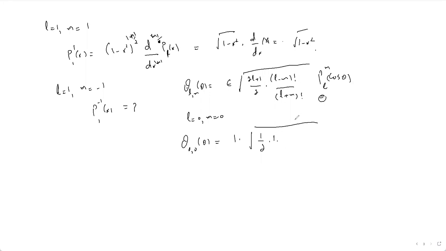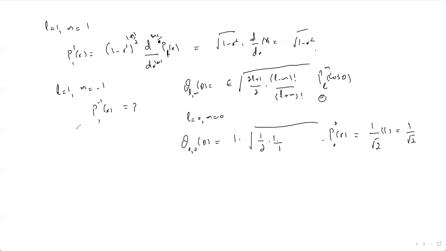Then outside the bracket we have P00 of x, which we found is equal to 1. So it will be simply 1 by under root of 2.